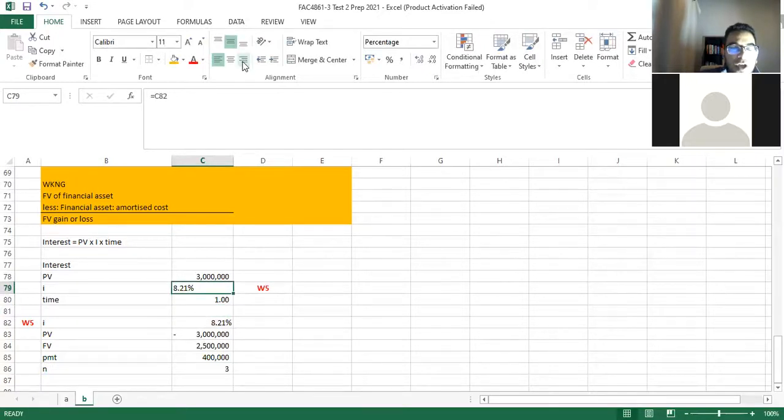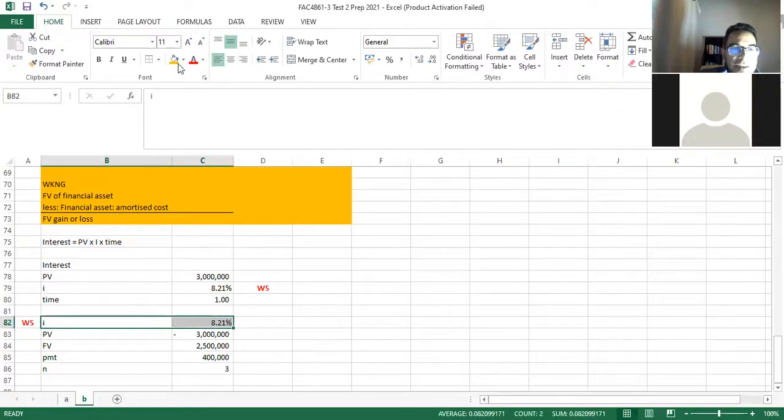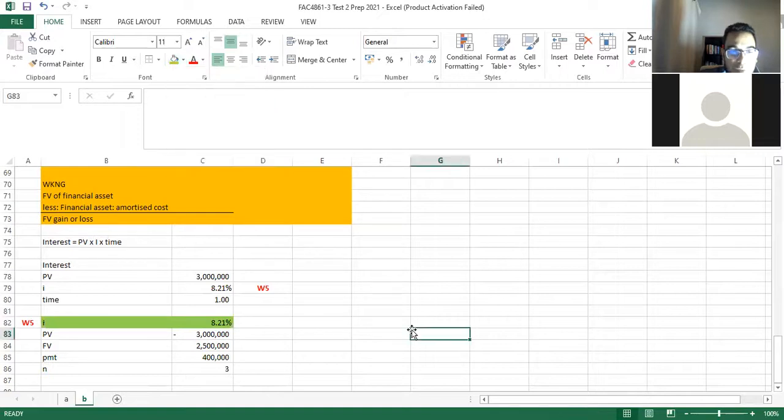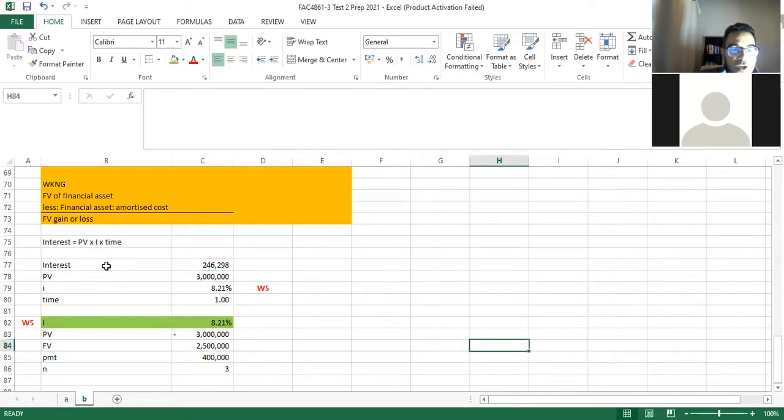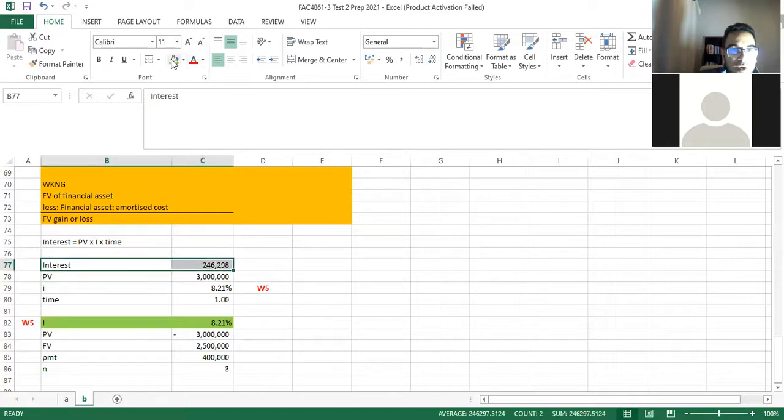Remember, in a financial instruments question, if you didn't work out an effective interest rate, you must question yourself whether you read the question properly. The chance of you having to calculate the effective interest rate is close to 100%. So interest is present value times I times time. Therefore, our interest earned for the year is going to be 246.